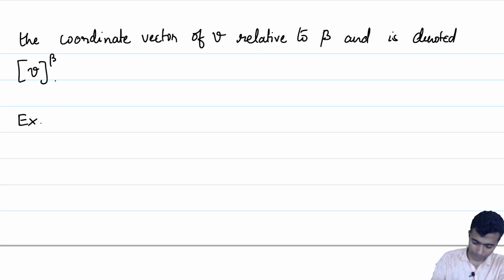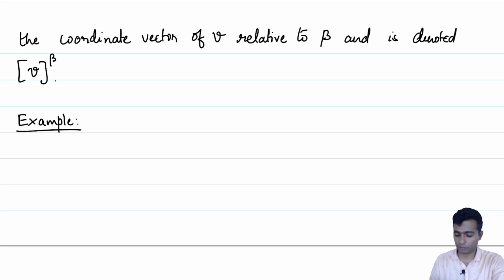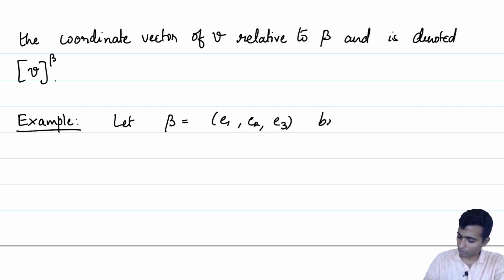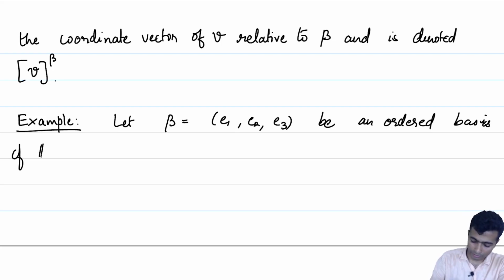Example. Again, let us go back to the example we have been considering. Let beta be equal to, let me write it as E1, E2, E3 for the standard basis, an ordered basis of R3.